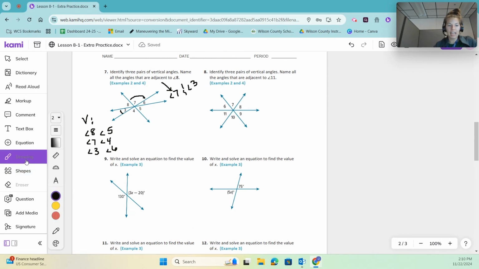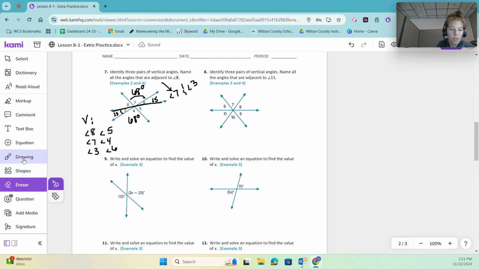If angle 4 is 68 degrees, that means angle 7 is also 68 degrees. Vertical angles are equivalent. If angle 3 here is 15, then angle 6 is also 15.